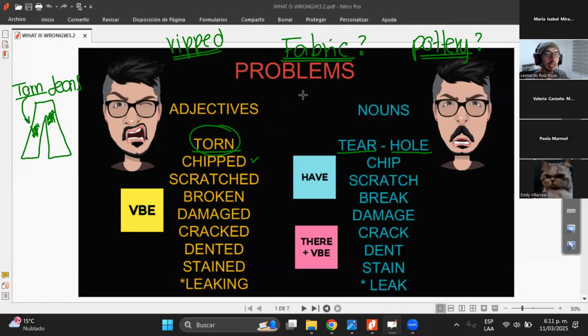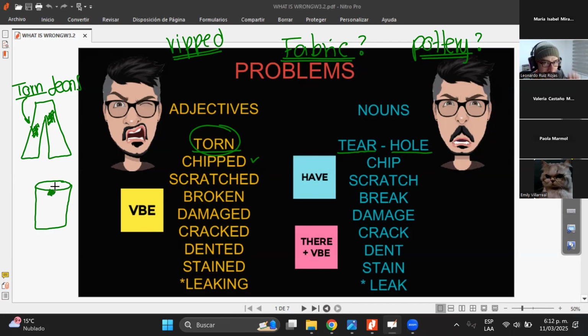Chipped is especially used when there is a little piece that is missing. Not when it's completely broken, but when there is a little piece missing, usually on the edge, on the border. For example, it's very common that when we drop a glass, made of glass, of course, it loses a little part.